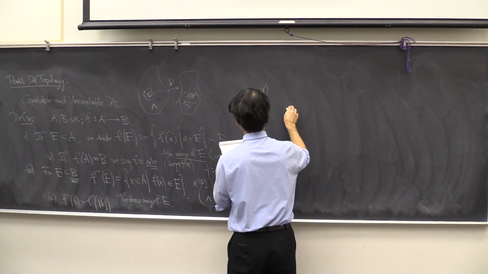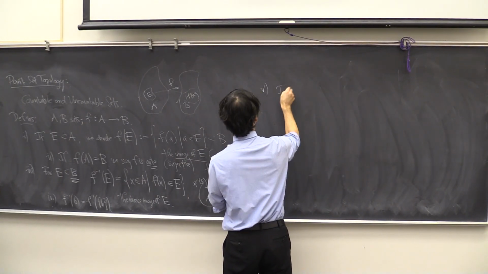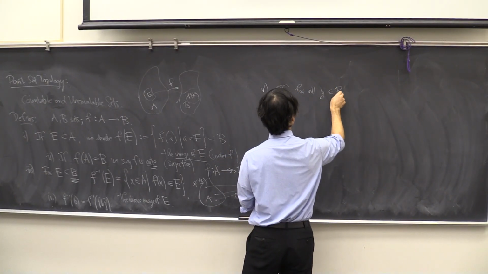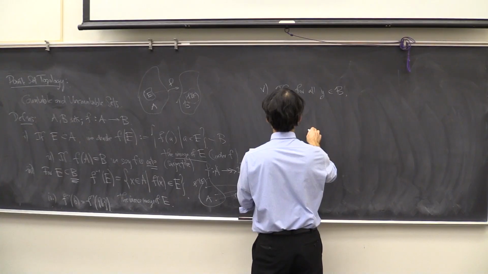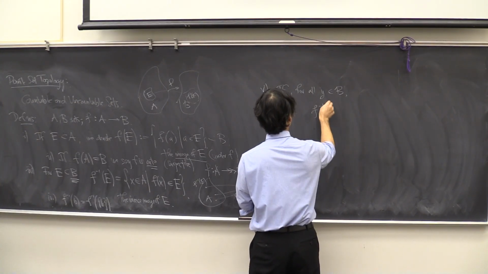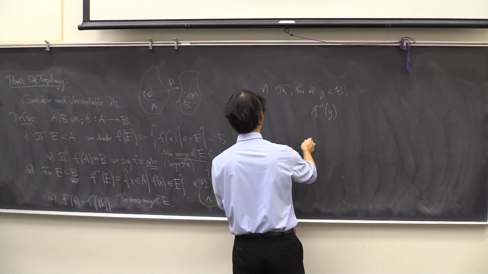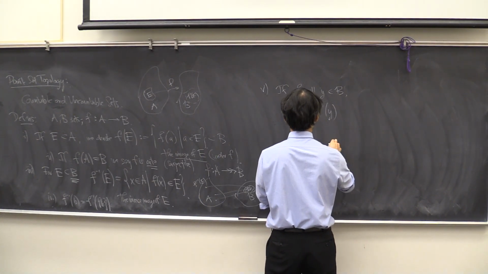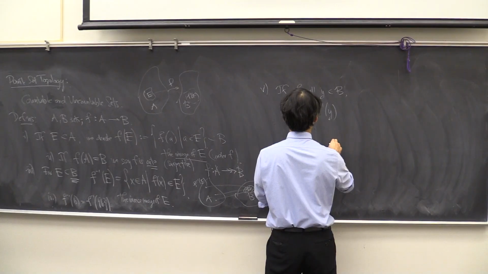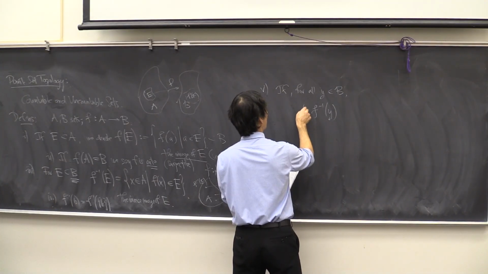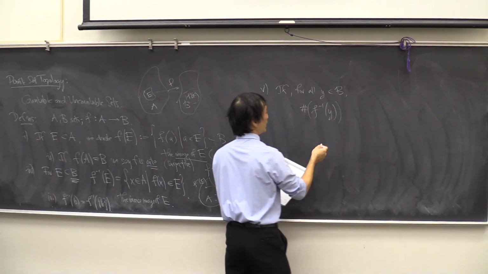Definition 5. If for all points in B, the inverse image of that single point is... let me use this notation.